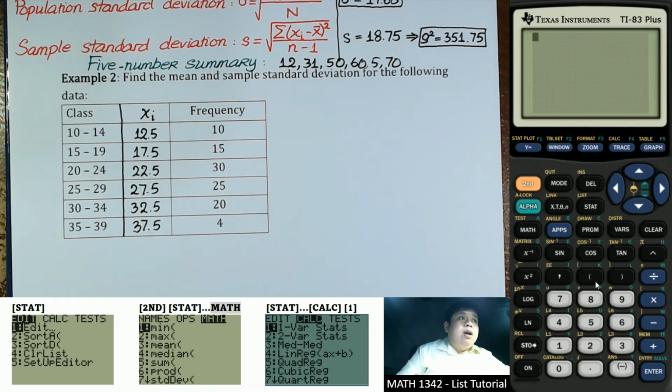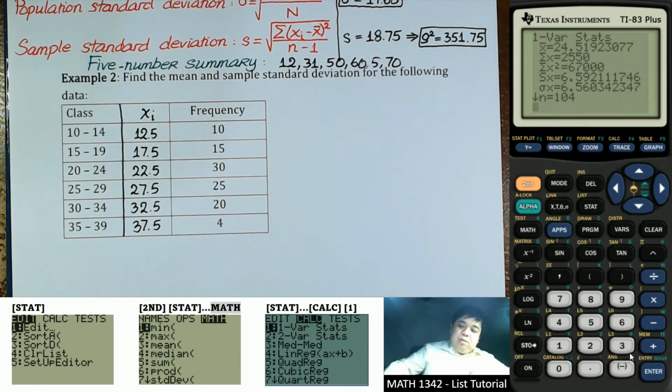Right. So we still hit stat, calculate one variable statistics, and we have L1. But this time we do have the list L2 as frequency. So hit comma and second L2. When we do that, we have all the information.